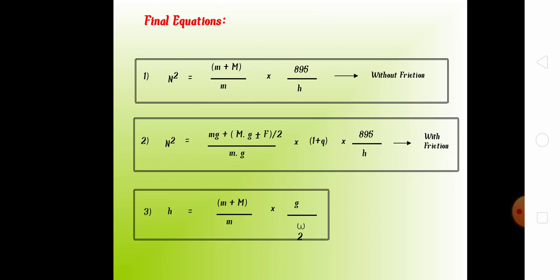The final equation is given as n square is equal to (m plus capital M) upon small m, where m is the mass of each ball and capital M is the mass of the central load, into 895 upon h. This equation is without friction.